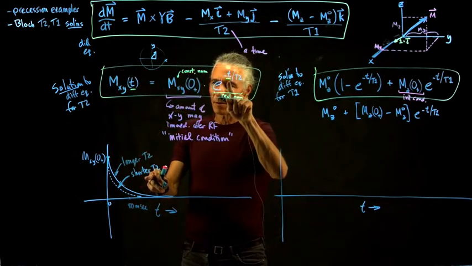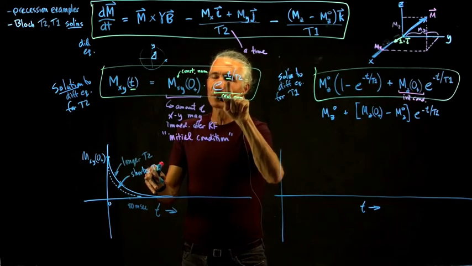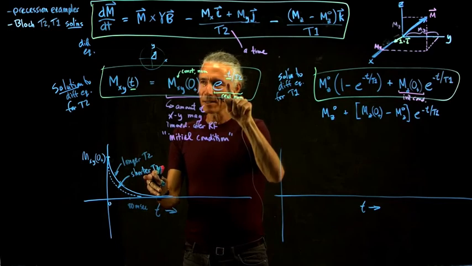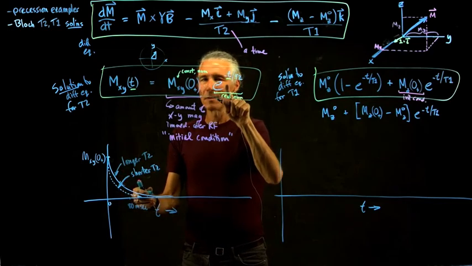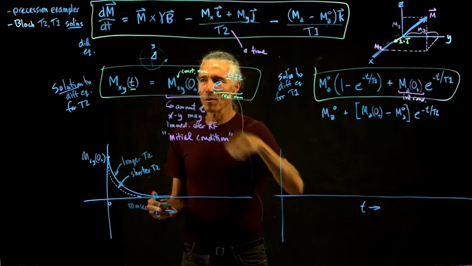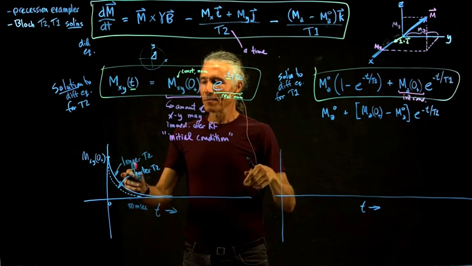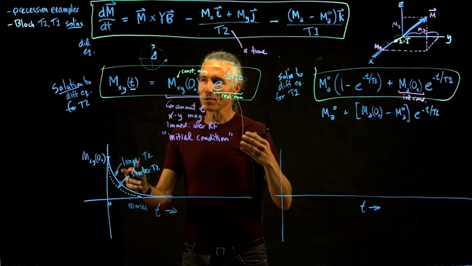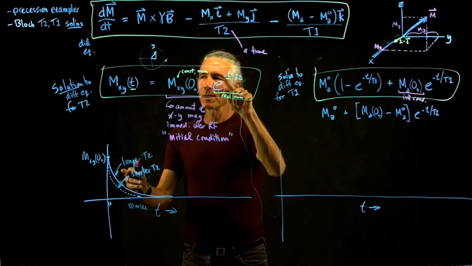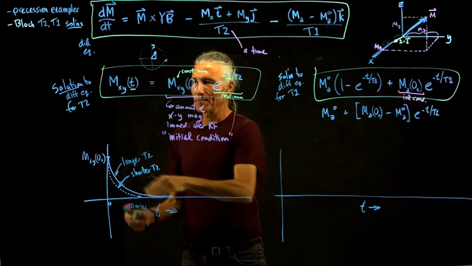If you plug that into the equation and plot it in MATLAB, you'll see that a shorter T2 causes a more rapid fall off of this part of the equation. It starts at 1 and falls off more rapidly. If you have a longer T2, a larger T2, you divide by a larger number, you get a smaller effect on the exponent, and the fall off is less quick.